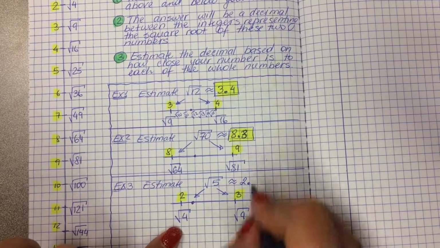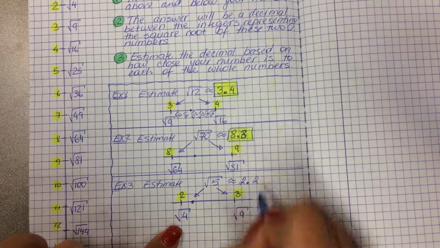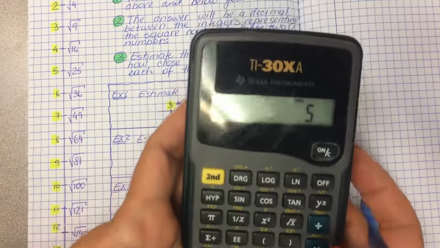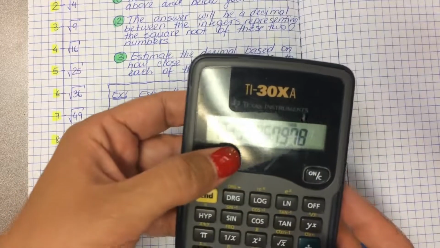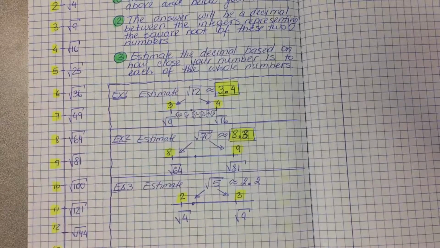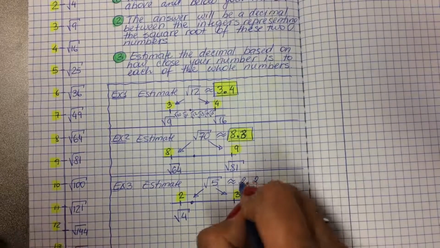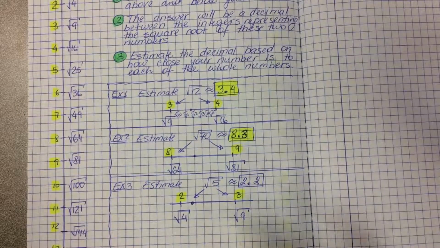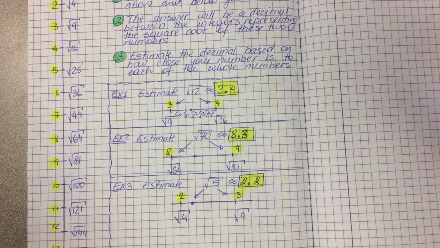I'm going to say maybe 2.2. I'm going to check that. So square root of 5 is 2.2, is what the calculator says. 2.2, 2.1, 2.3. The range has to be really, really close to the number 2.